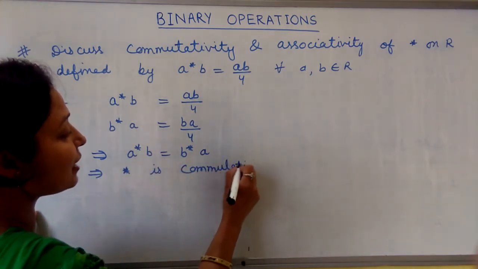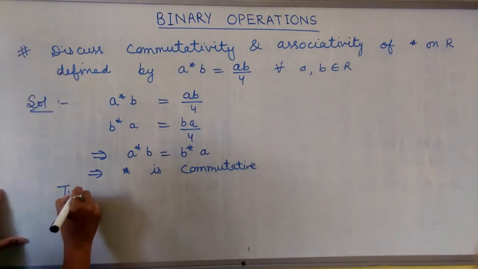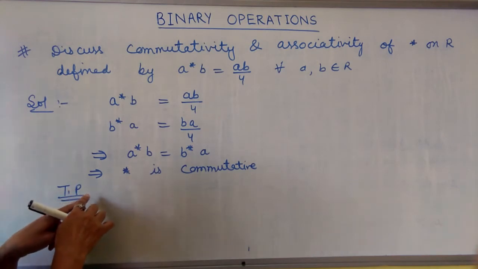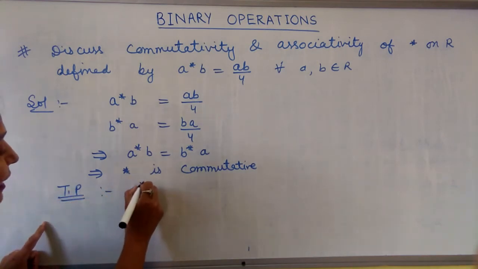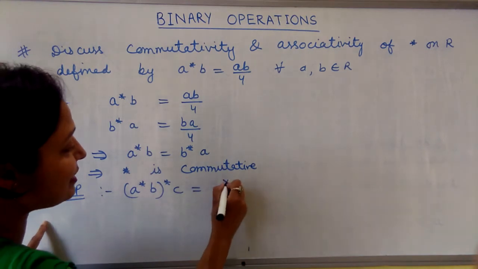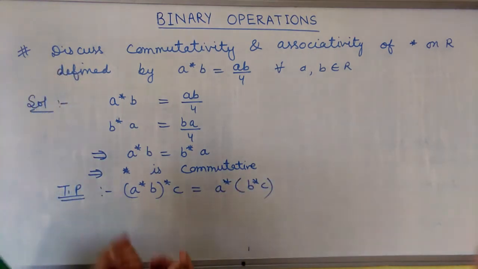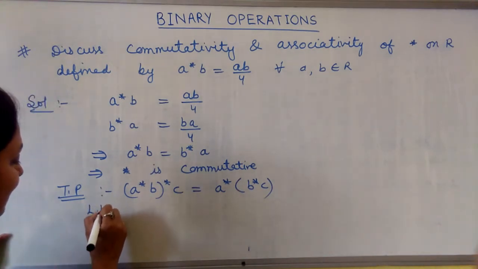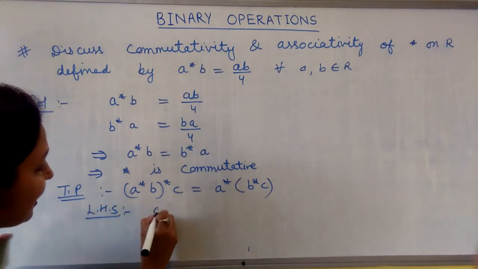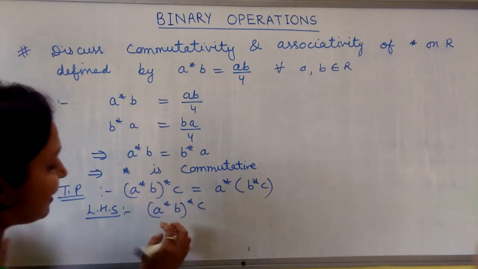Okay, now we have to check associativity. For associativity, what do we have to prove? (a star b) star c is equal to a star (b star c). I will start from the left hand side: (a star b) star c. I will apply the formula.